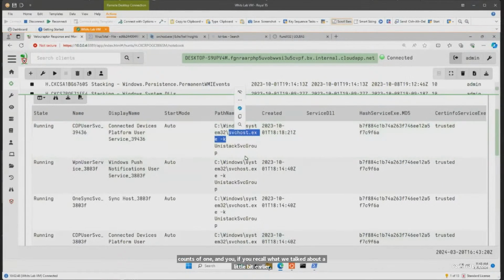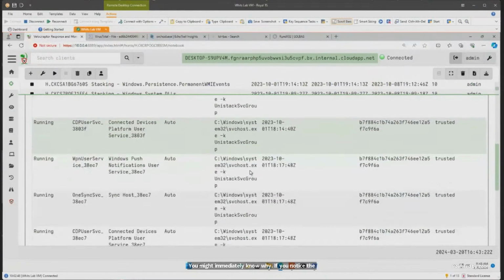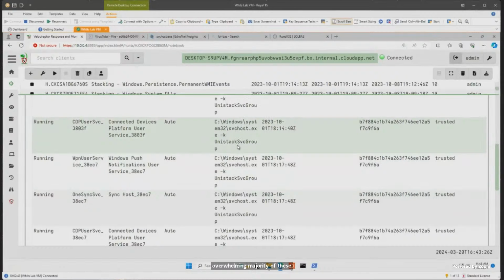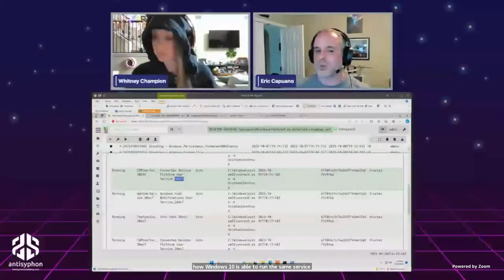If you notice, the overwhelming majority of these are svchost.exe -k, and the reason they come back as unique is because of the user mode services that we saw introduced in Windows 10, where the same service by the same name will look unique because of the presence of this kind of random hash at the end. And this just has to do with how Windows 10 is able to run the same service multiple times, depending on how many users are logged in.